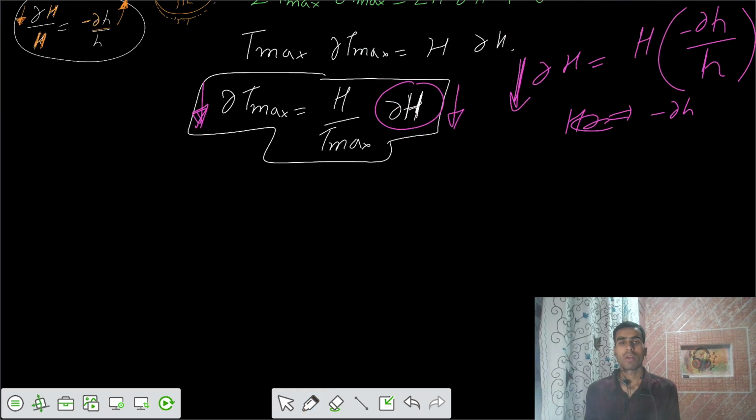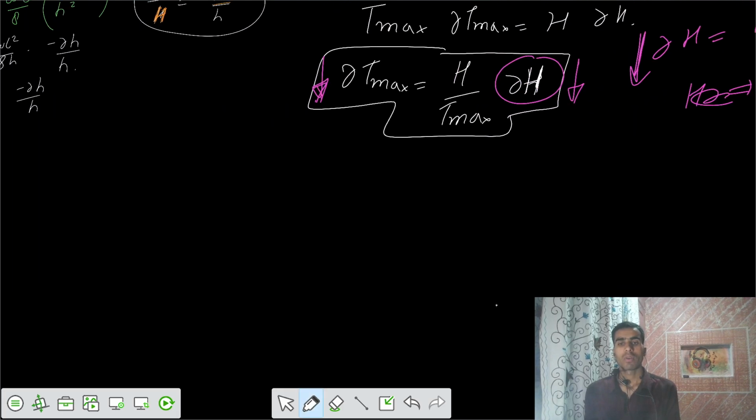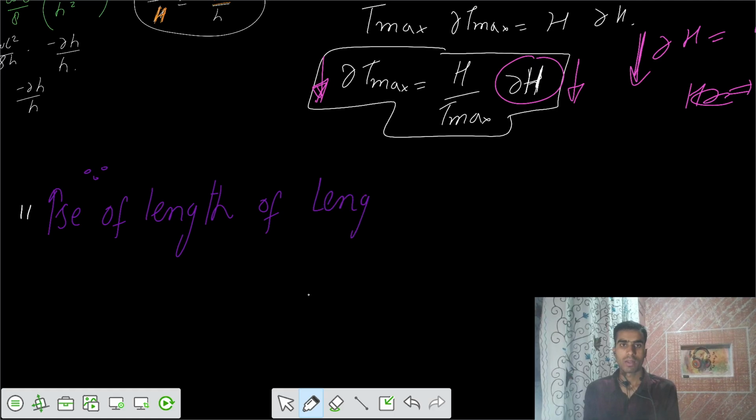And we can draw one conclusion, which is very important. You can remember that one. Because of an increase in the length of the cable by some delta s, we have an increase of sag.